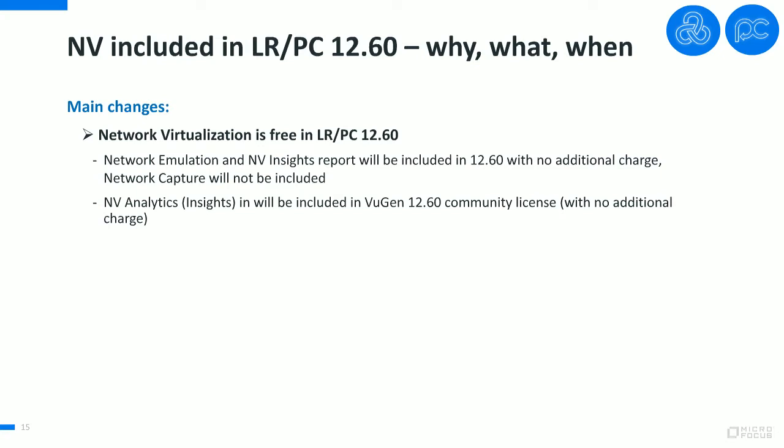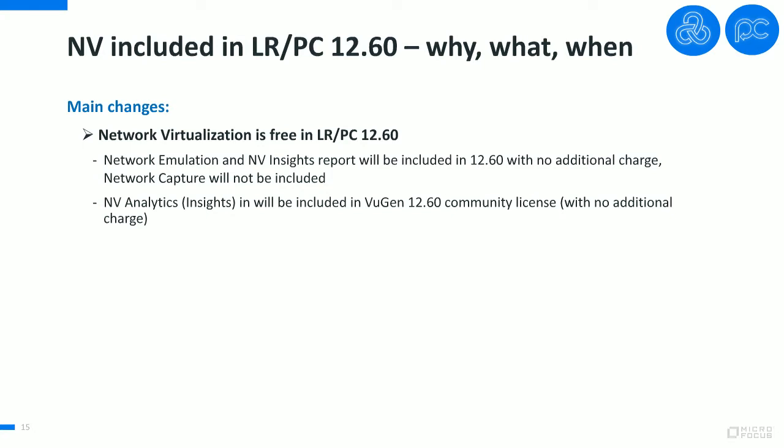Network virtualization as part of LoadRunner PC 1260 will have two components to it. One would be network emulation, and the other one would be the NV Insights report. Network emulation allows you to use different types of networks and settings as you run your test, and the NV Insights report is typically provided at the end of a run.